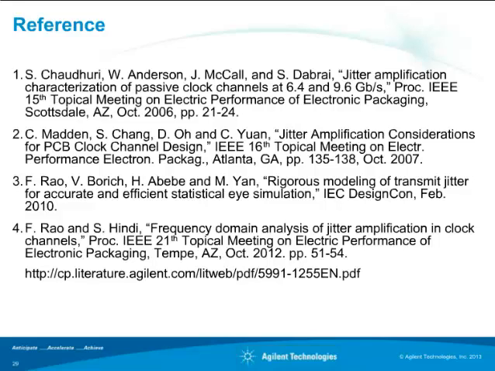The reason is that the CTLE will cancel a majority part of the channel loss, but it will still have some remaining jitter, and that will be taken care of by the decision feedback equalizer. So typically at data rates above 10 gig, you have to use both.